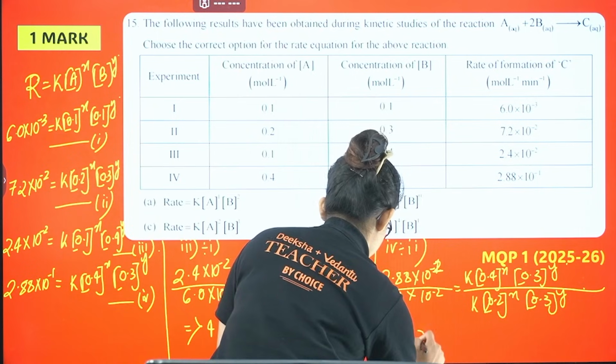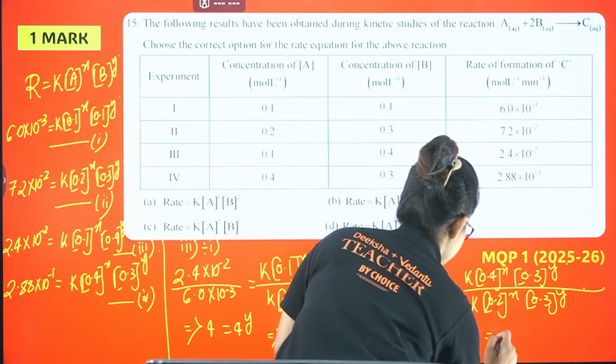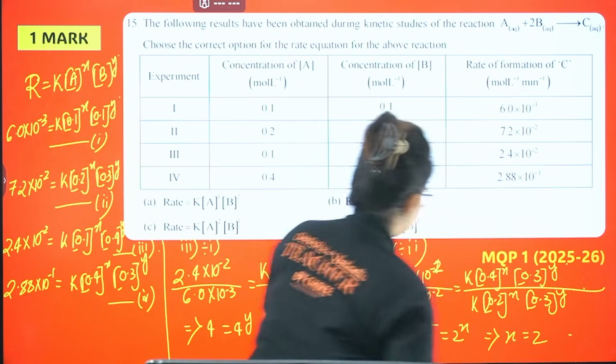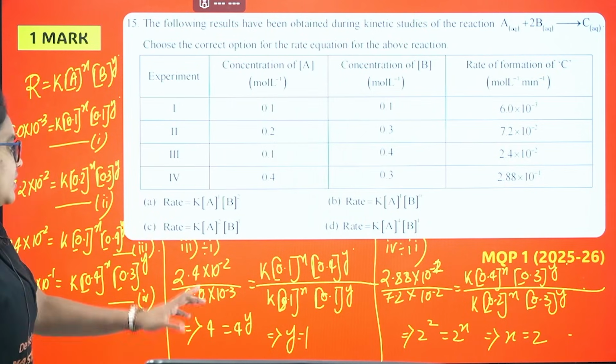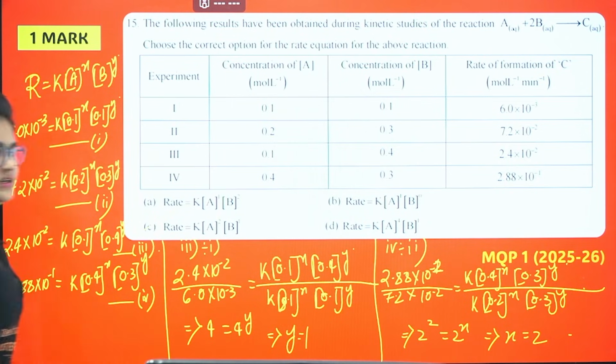From here you will get 2 square equals 2 power x and hence x equals 2. So a power 2, b power 1. Option C is going to be the correct one. I guess this is clear to you. Let's proceed.